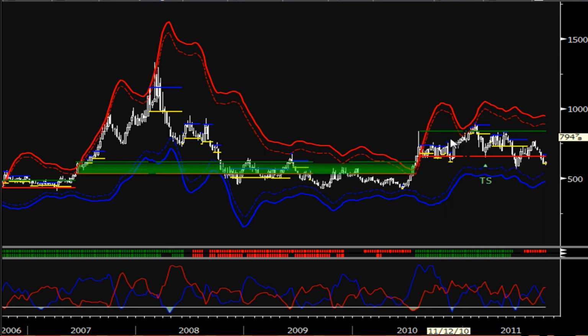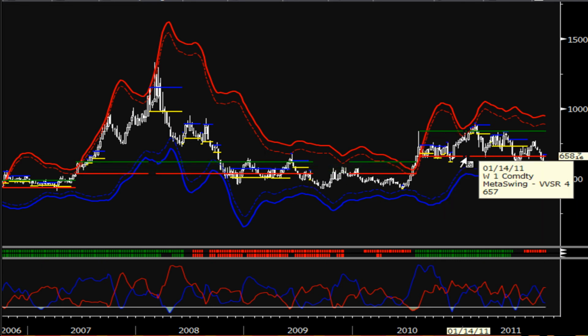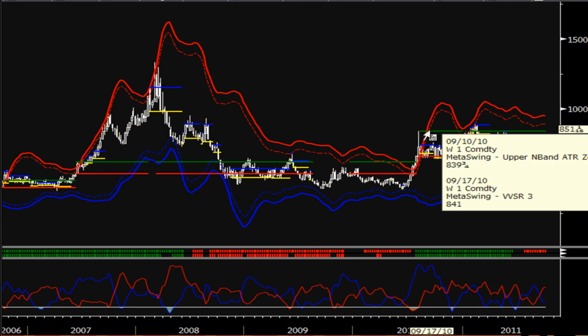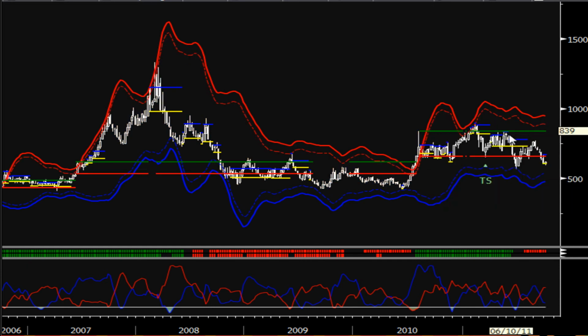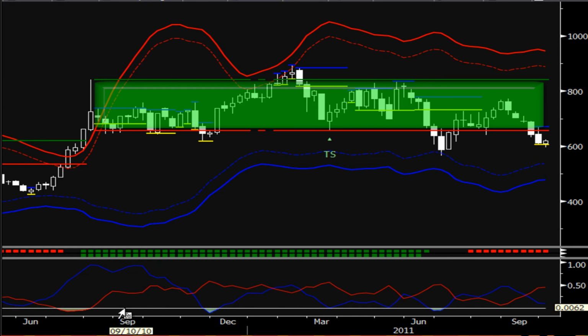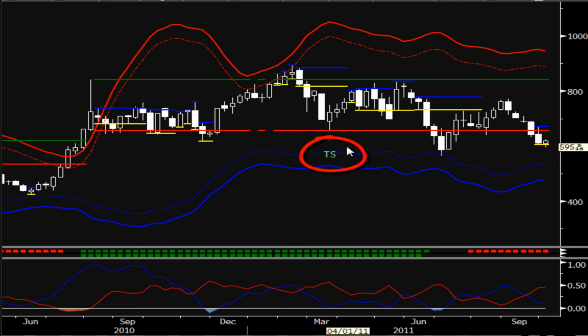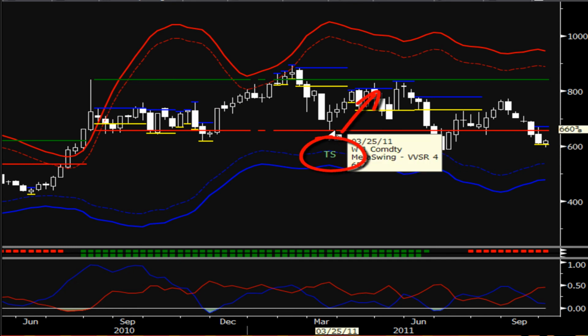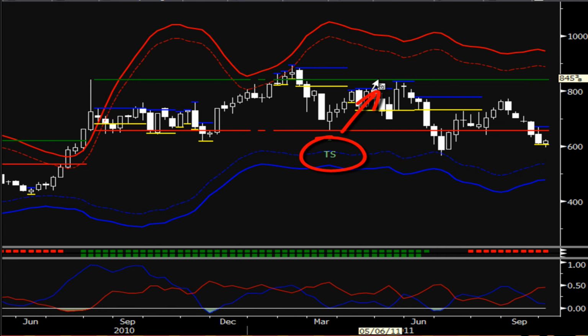Then a breakout above new levels, and you can see that these levels also contain price for some time. If you zoom in, you can see that this is over a 4 to 5 month period. And here we have an example of a transactional signal where strong buying is detected, and you consequently get a several week advance.